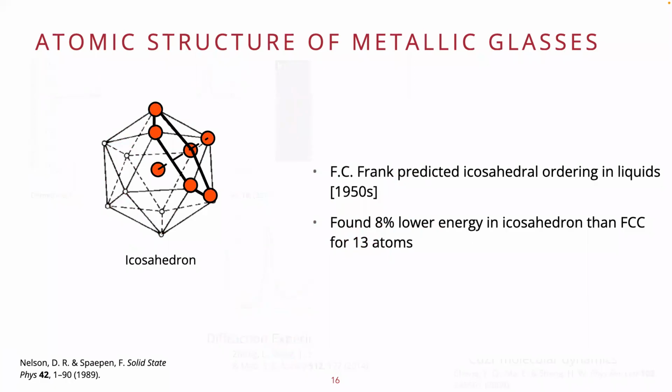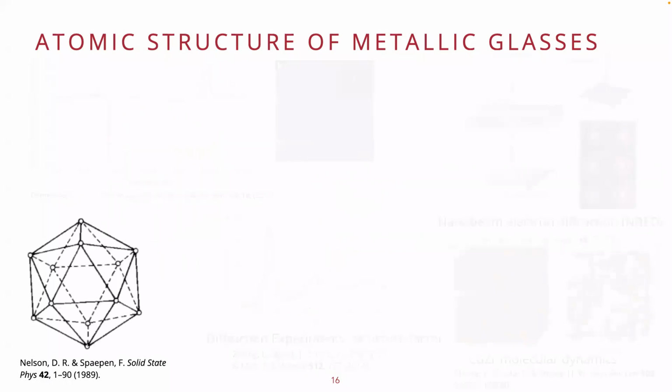And that's nice if you have these atomic clusters of 13 atoms. So there are 12 of them surrounding our central atom as you rotate around.